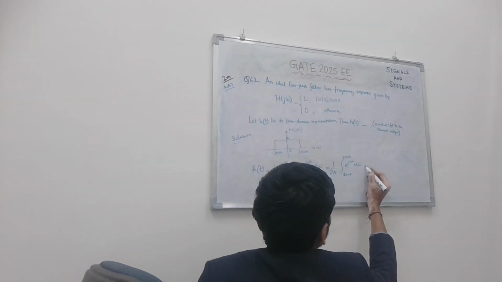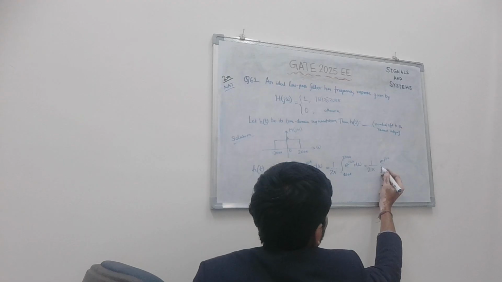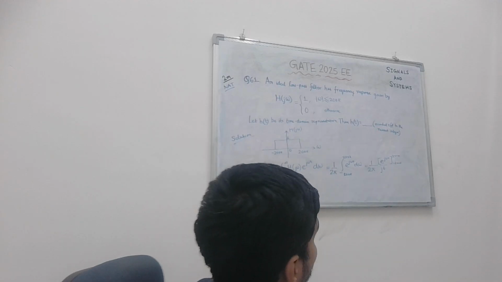Now we will just solve it. 1 by 2 pi, integration of this becomes e to the power j omega t by jt, right? The limits are minus 200 pi to 200 pi for omega.